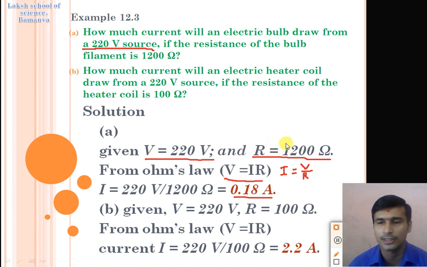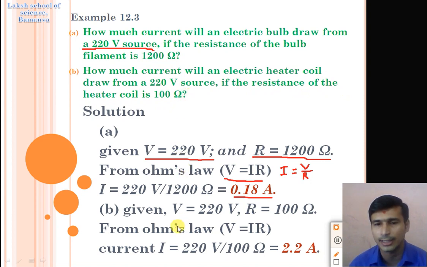A similar example is given in part B. How much current will an electric heater coil draw from a 220 volt source if the resistance of the heater coil is 100 ohm? Here the resistance of the bulb was 1200 ohm, and here the resistance of the heater is 100 ohm.